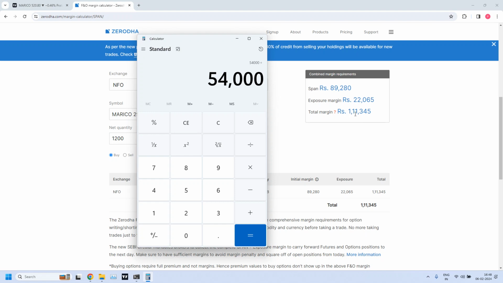Even then, no problem, because all these values are approximate. 1,11,345. So this is minus 0.48%. This is the negative ROI for Marico.